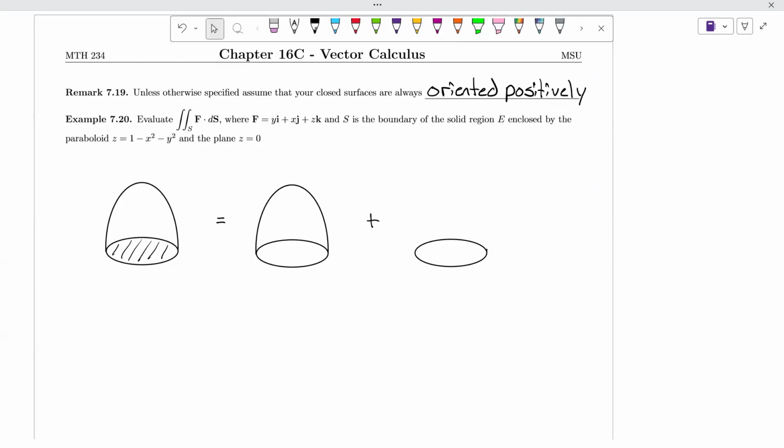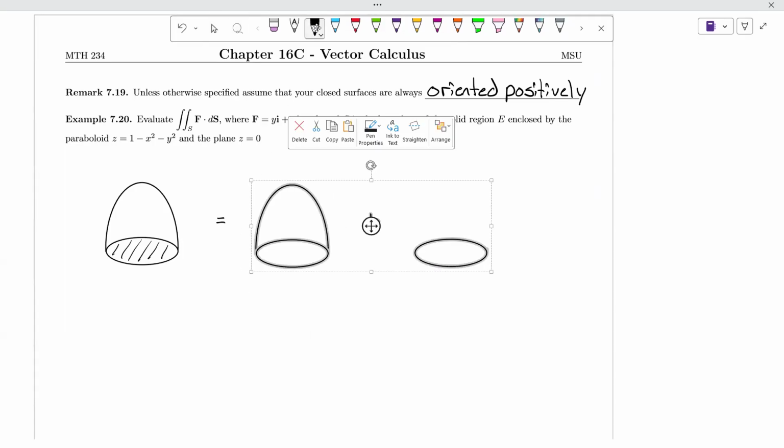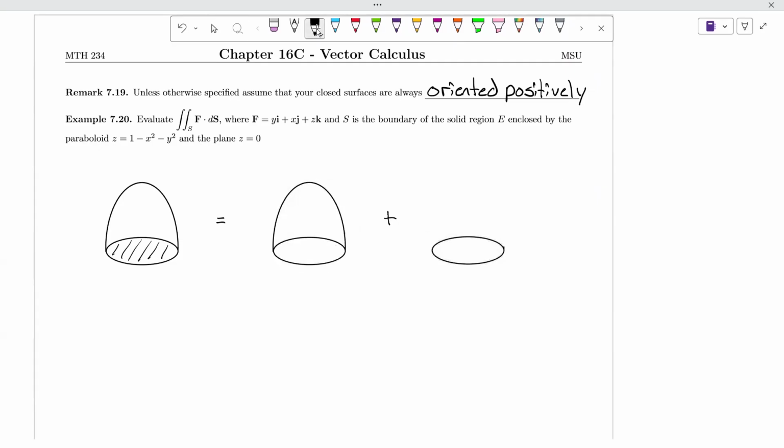So unless otherwise specified, assume your closed surface is always oriented positively. So we're going to try to integrate over a closed surface. That's this mess right here. So you'll notice what I've done. Let me just spread these out a little bit because I know I'm going to run out of space.